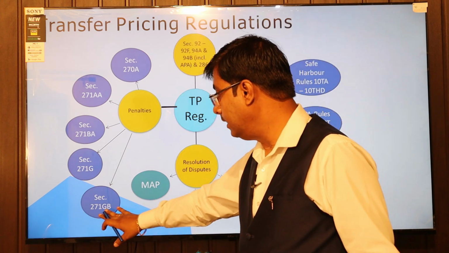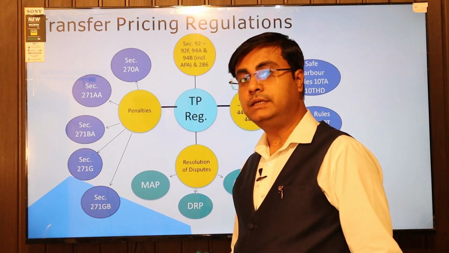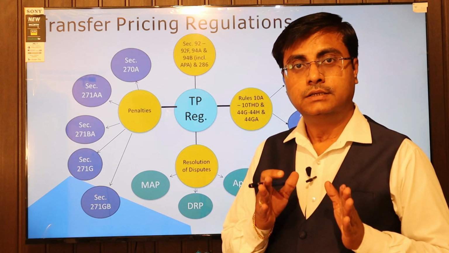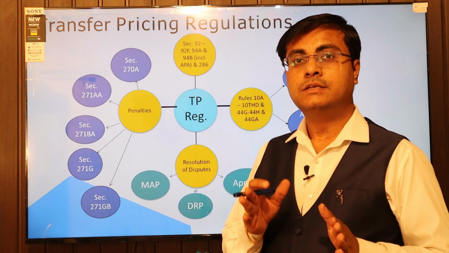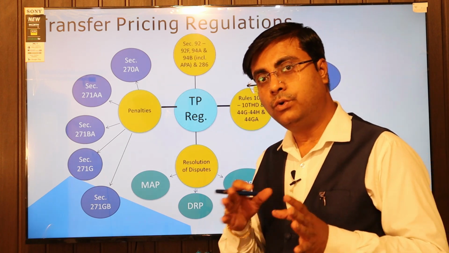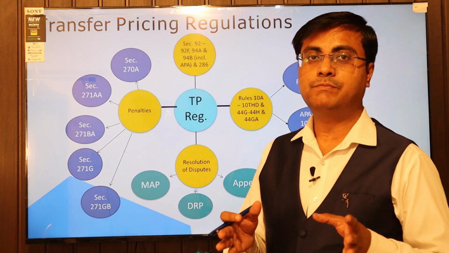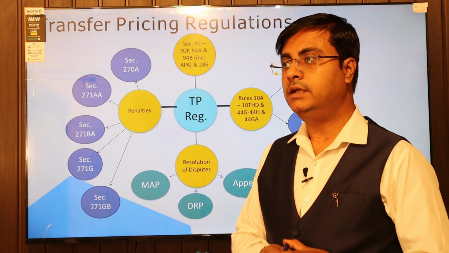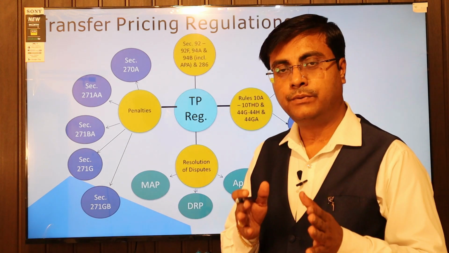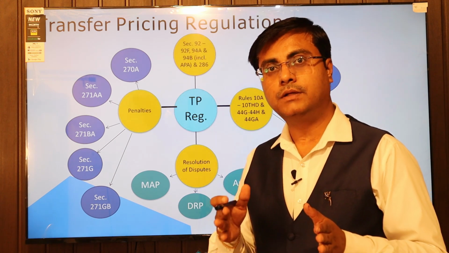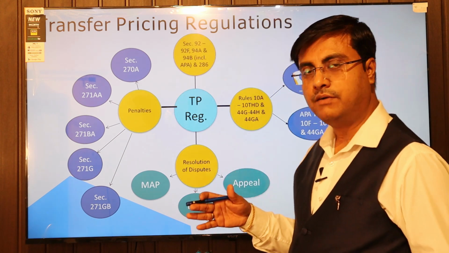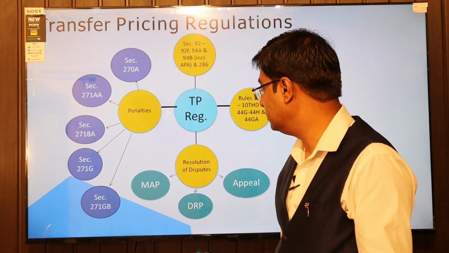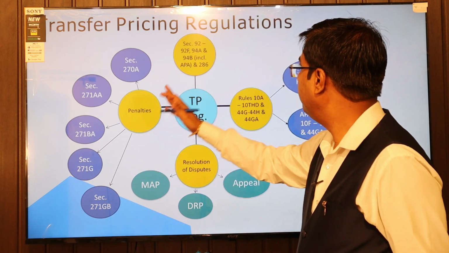Then the penalty under section 271GB: section 286 requires CBCR filing. If you don't file the CBCR report in respect of the parent or the alternate constituent authority, the penalty is 5,000 per day, after 1 month 15,000, and after that 50,000 if the default is continuous in nature. So this is in respect of penalty.